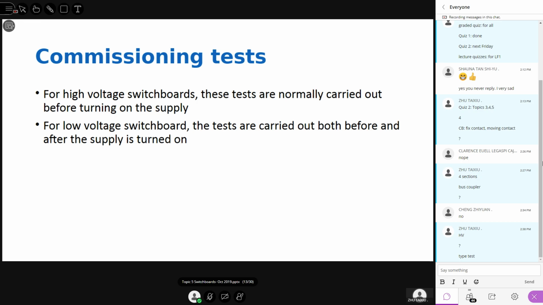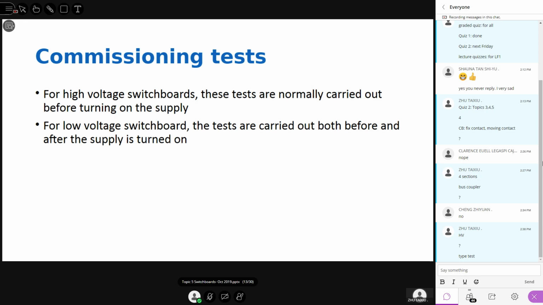So we finished the type test and the routine test. Now it's time to conduct the commissioning test. If the switchboard you designed can pass the commissioning test, it is ready to be delivered to the site plant, right?